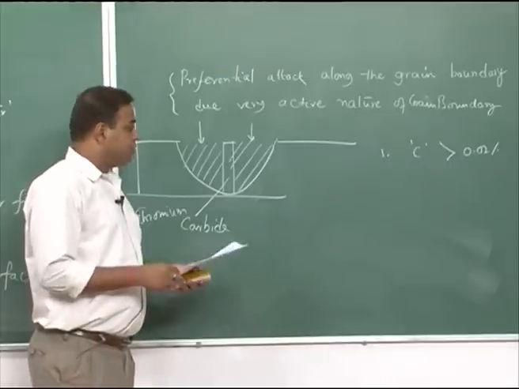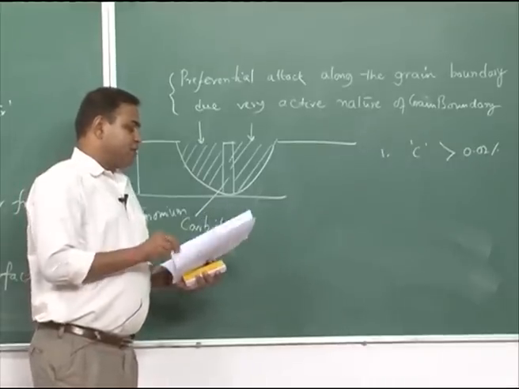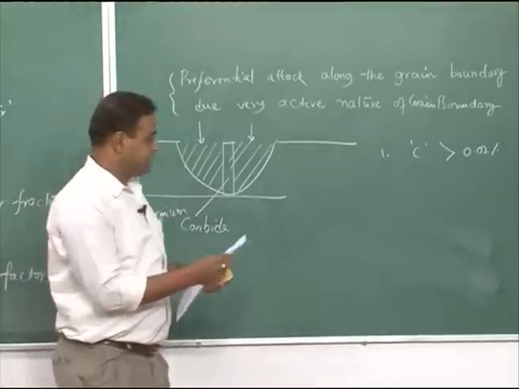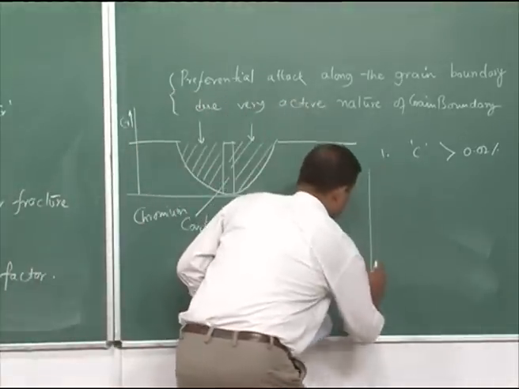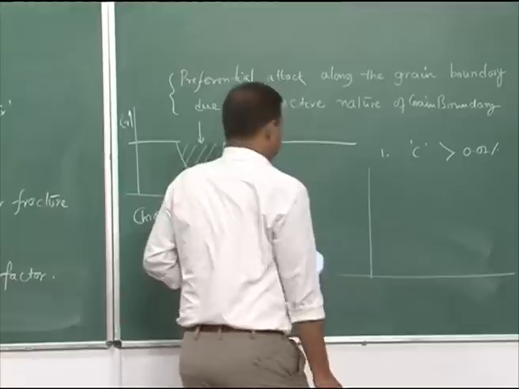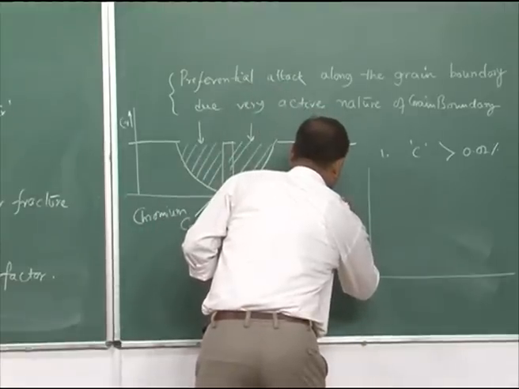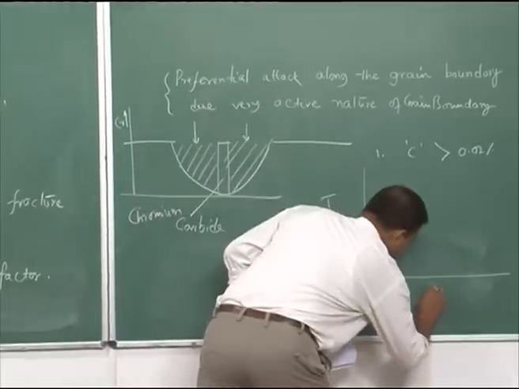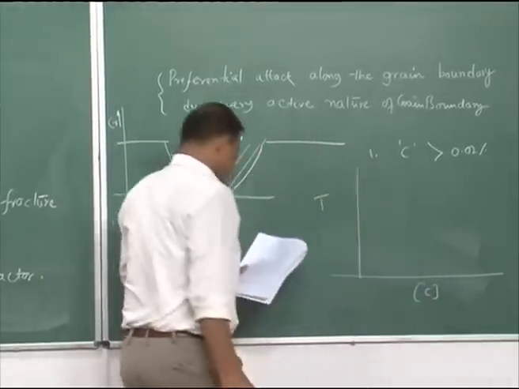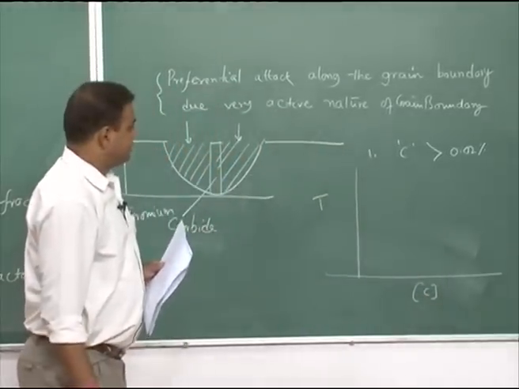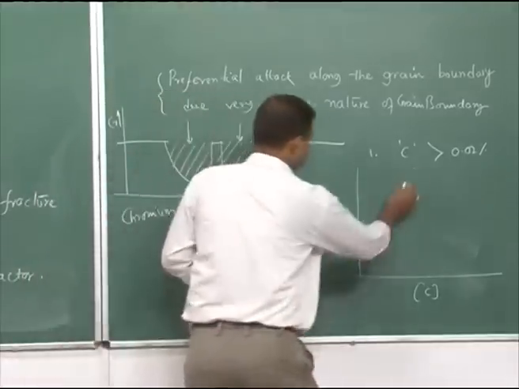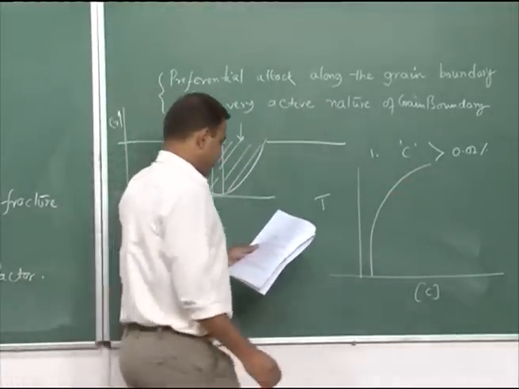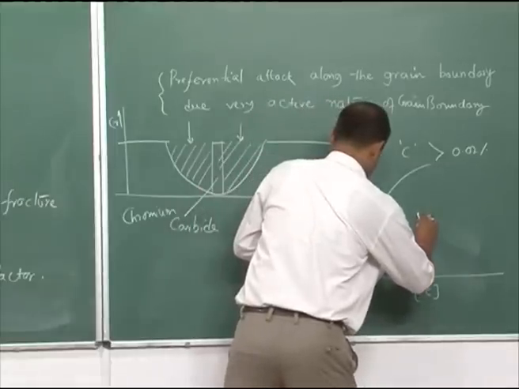For that we need to see a phase diagram for austenitic stainless steel. This phase diagram is temperature versus carbon concentration.